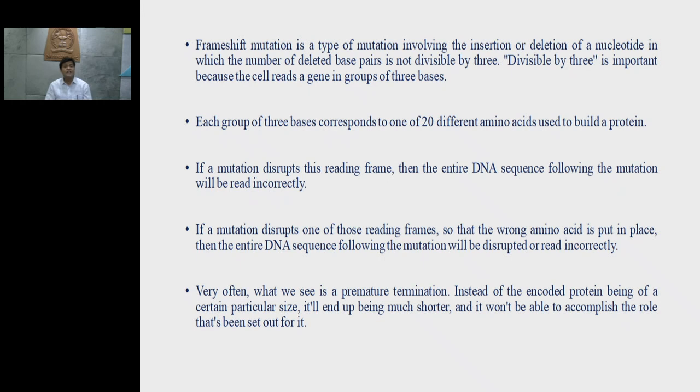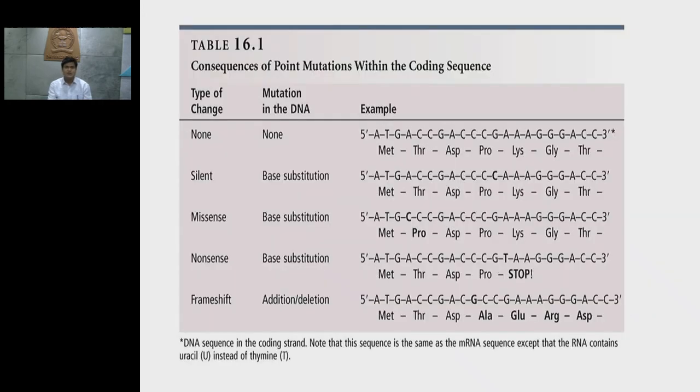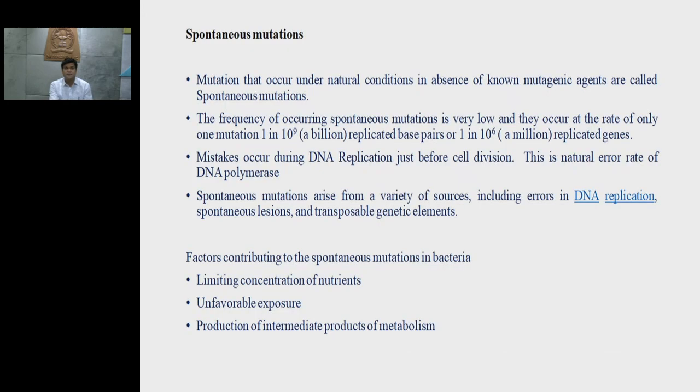Instead of the encoded protein being of a certain particular size, it will end up being much shorter and it won't be able to accomplish the role that has been set out for it. So we can see here examples of mutation in the DNA and what type of change results: silent, missense, nonsense, and frameshift. We can see here the reading frame is totally changed because of the frameshift.